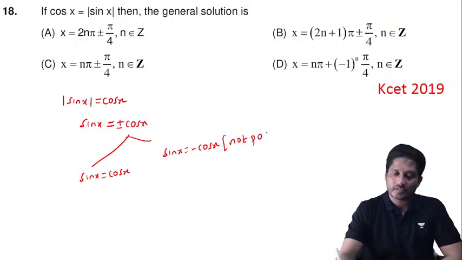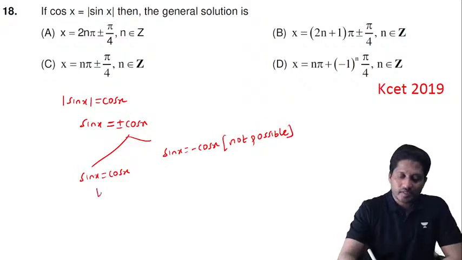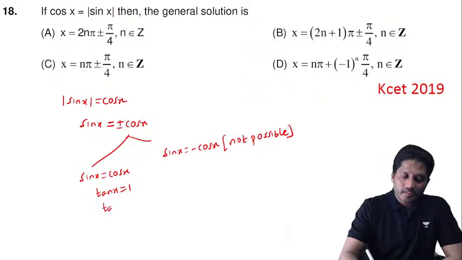This is not possible, exclude. Okay, now from this tan x is equal to 1. I can write this as tan x is equal to tan pi by 4, right? And the most general solution is 2n pi plus minus alpha. That is x is equal to 2n pi plus minus pi by 4, where n is an integer.